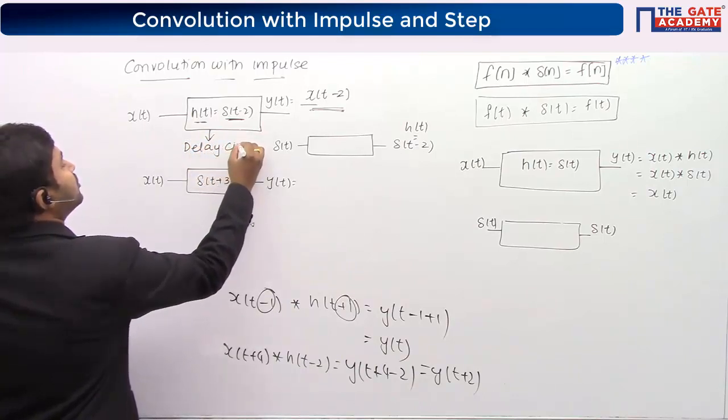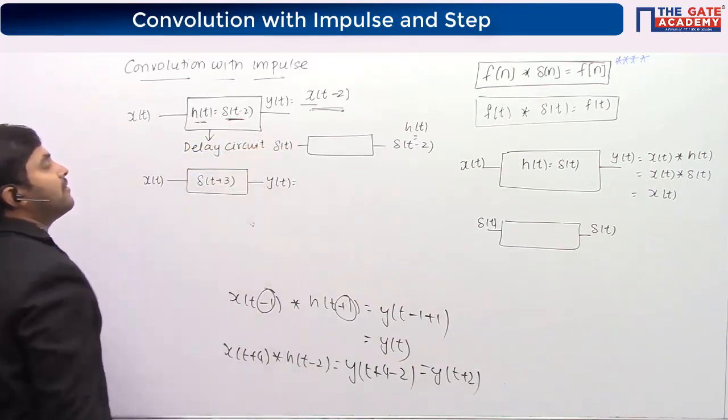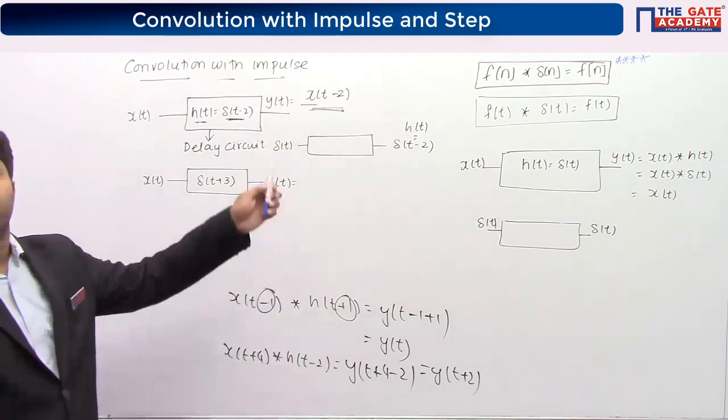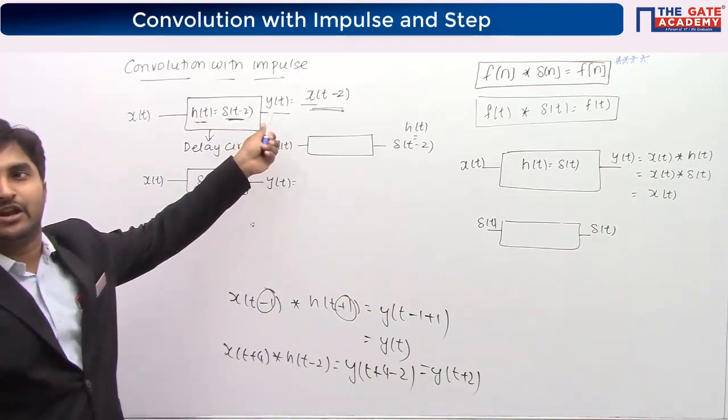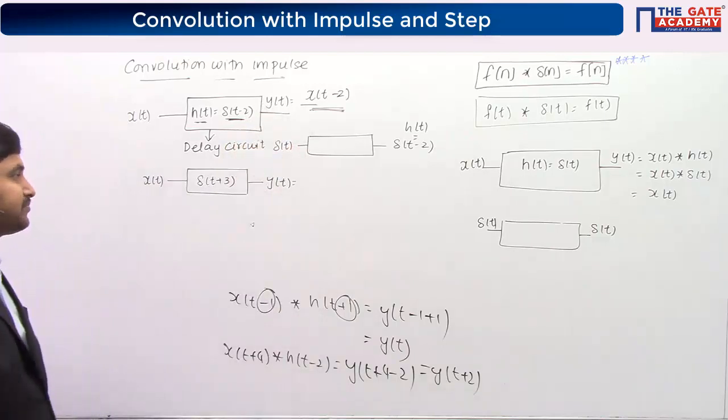Whenever you want only delay, your impulse response should be something like del of t minus t naught.